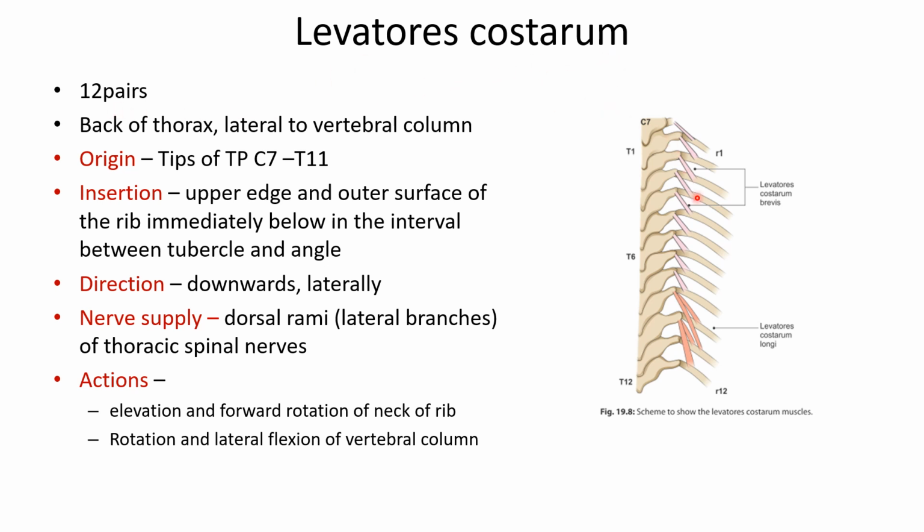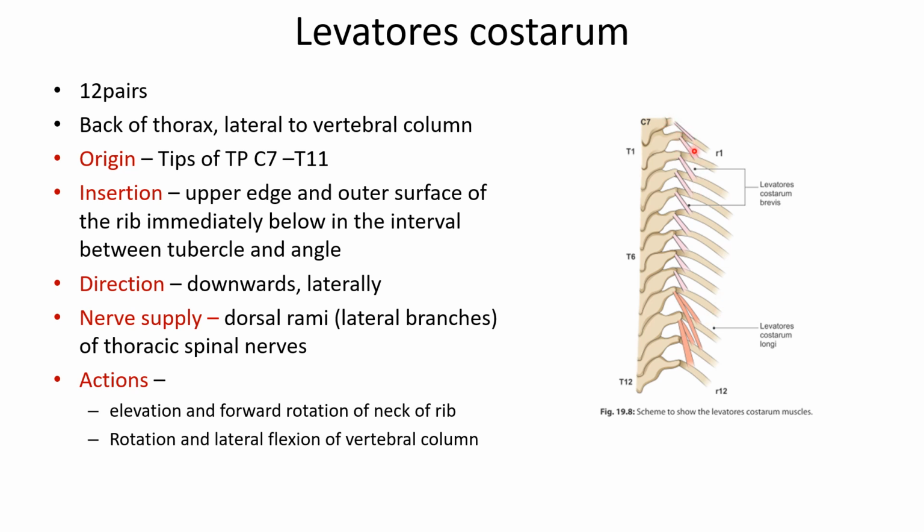There are 12 pairs of muscle strips you will be seeing on the back of the thorax, lateral to the vertebral column. These are the vertebral spines. Lateral to them, you are seeing these are the transverse processes. So they are originating from the tips of transverse processes of T7 to T11 vertebra.